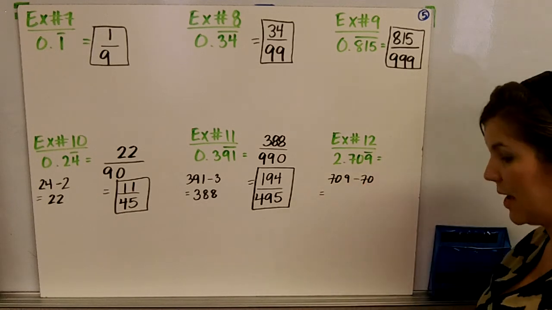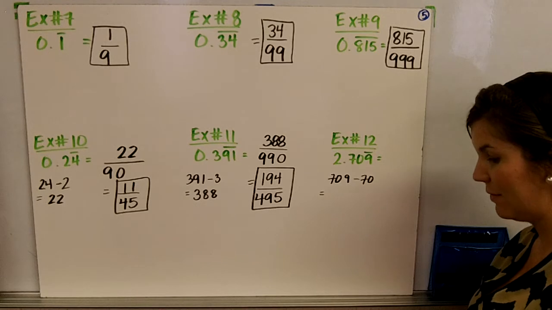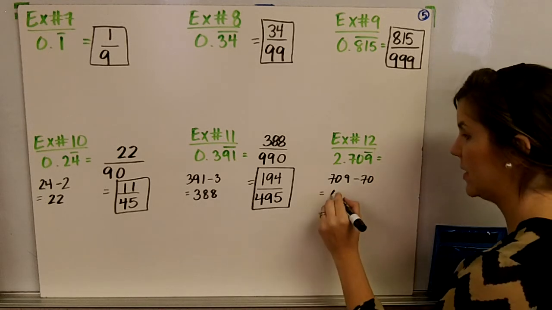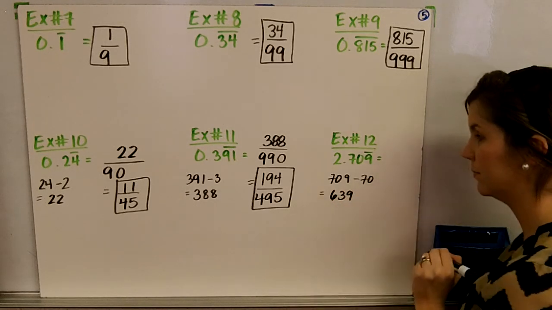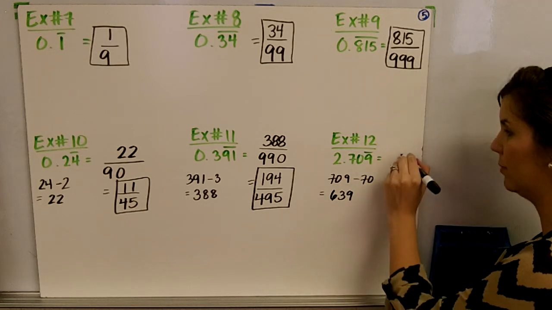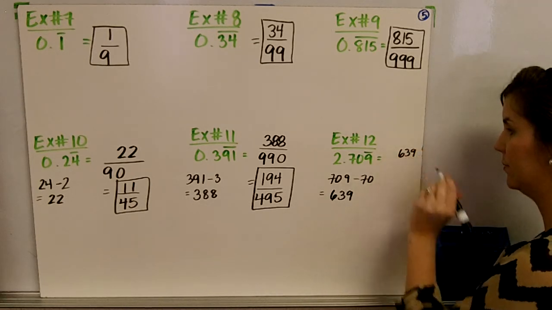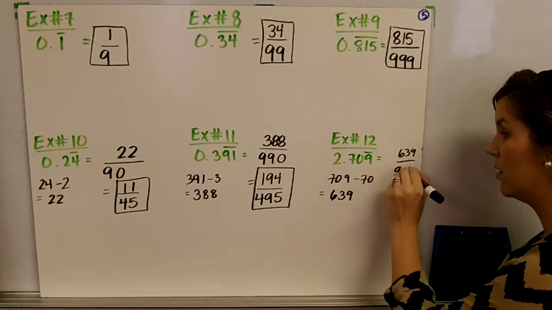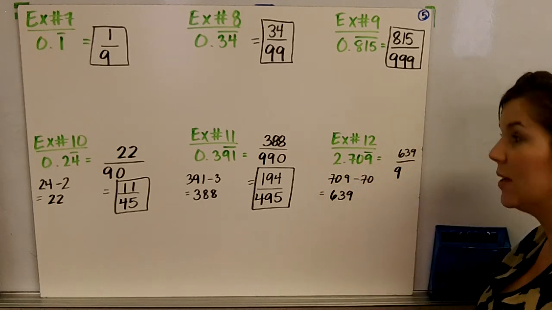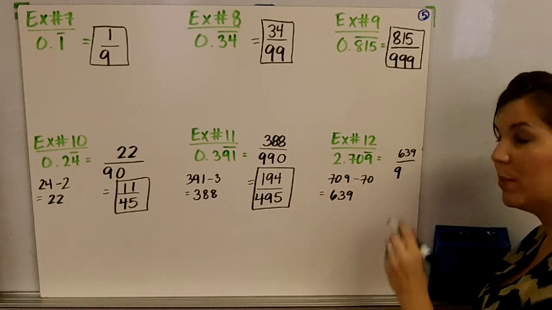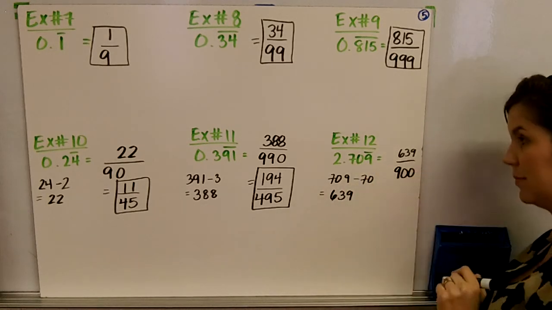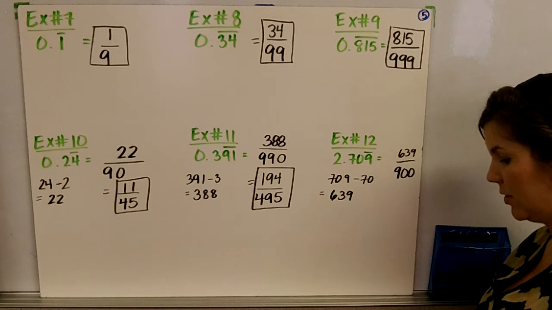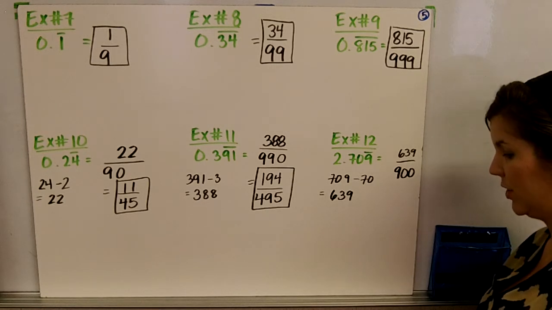So 709 minus 70 gives us 639. That will be the numerator, 639. In the denominator, I put a 9 for the 1 digit that's repeating, and then 2 digits are not repeating, so put 2 zeros. 639 over 900.